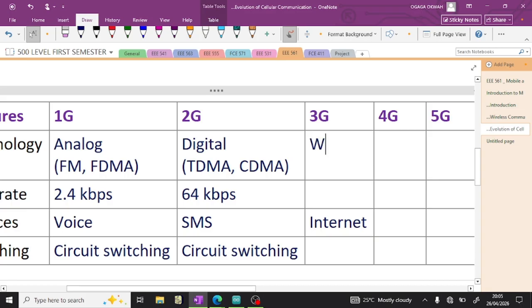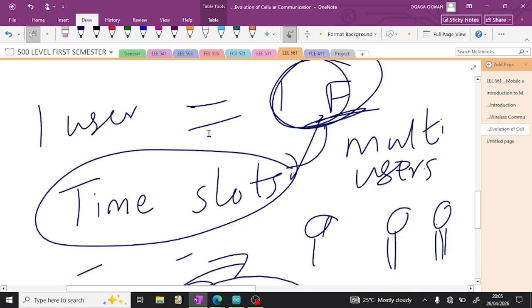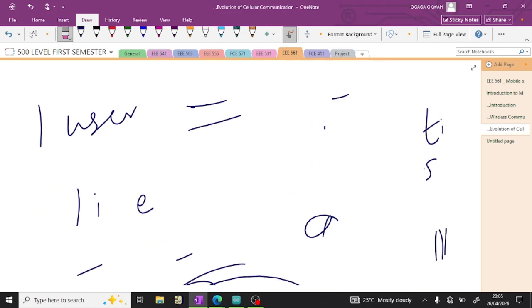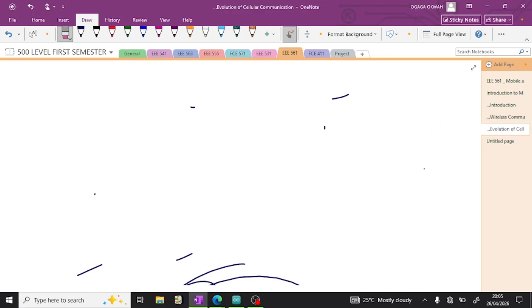So it is code division multiple access again, the same code division multiple access, but with a wider bandwidth. That's the frequency range covered. Let me quickly write what we mean by bandwidth.